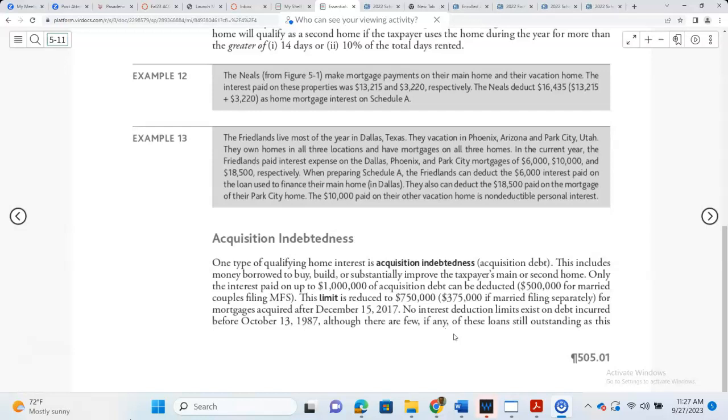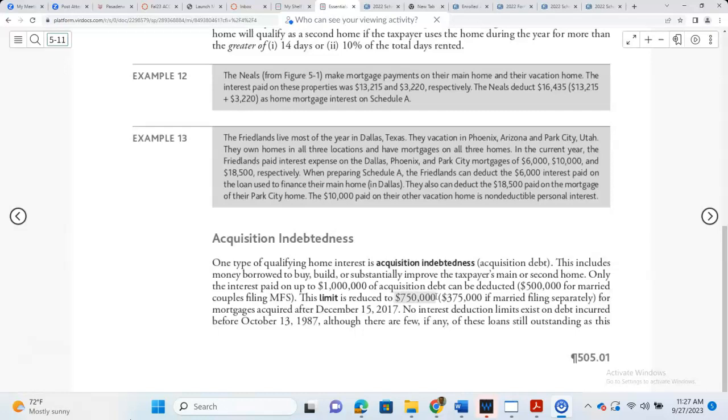No interest deduction limits exist on debt incurred before October 13th of 1987. It's hard to find someone that old, but if so, the limit doesn't apply. Okay, so bottom line, if it's a loan after December 15, 2017, there is a $750,000 limitation.